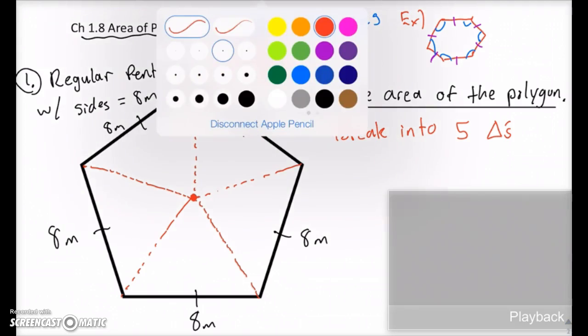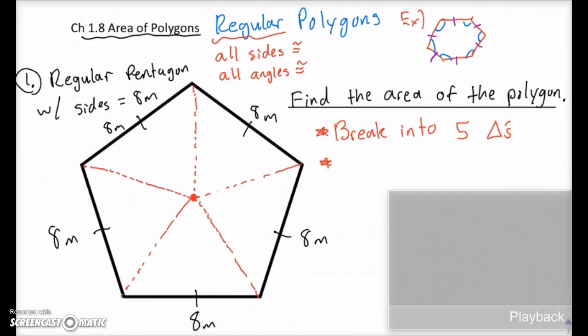So all we have to do is find the area of one triangle, and after we find the area of one triangle, we then just multiply it by 5 to find the whole area of the polygon.